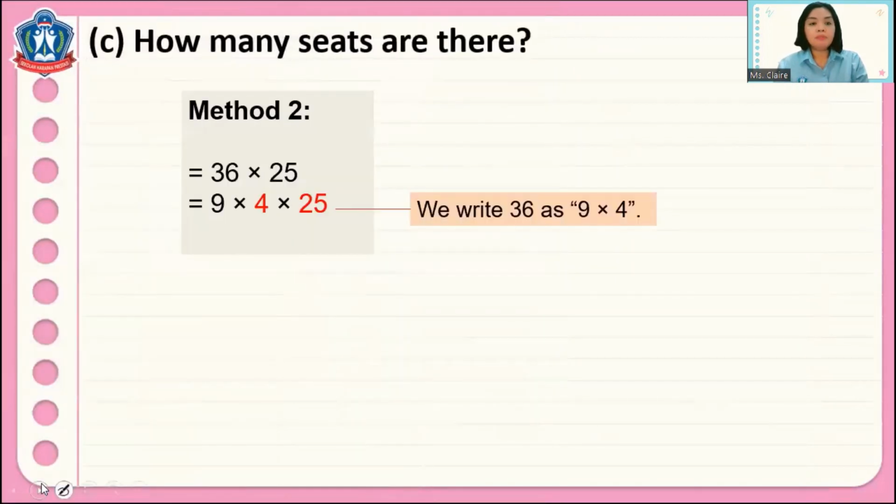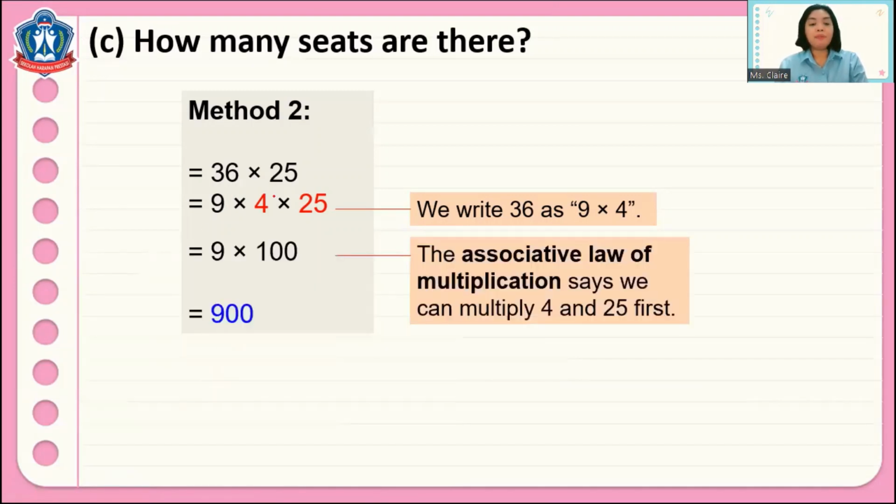We have method 2. Again, we have the 36. We rewrite that, or break it down, into 9 times 4. Now, we have the associative law of multiplication. The same with addition.